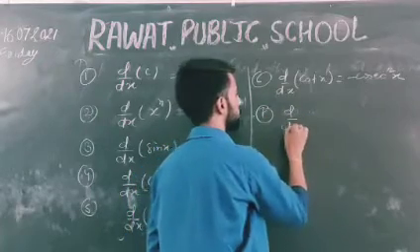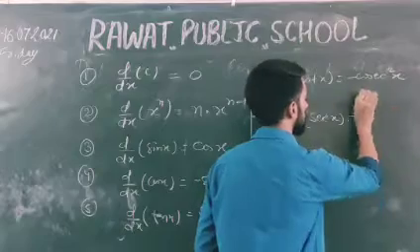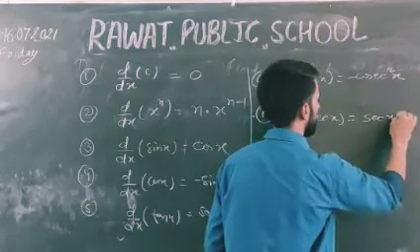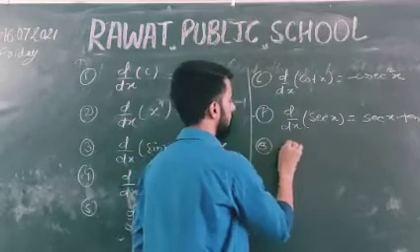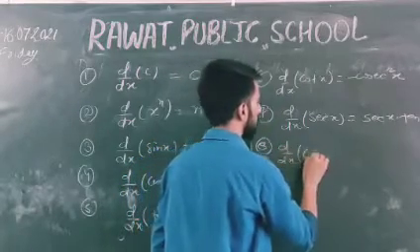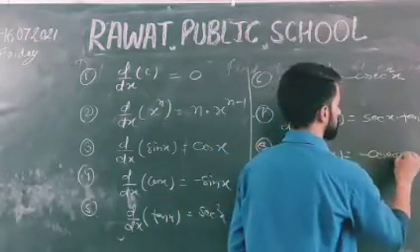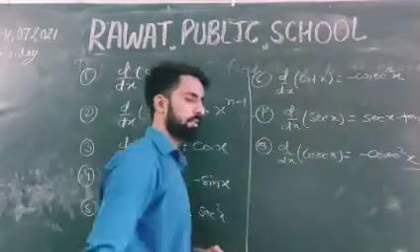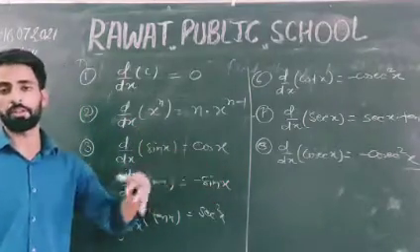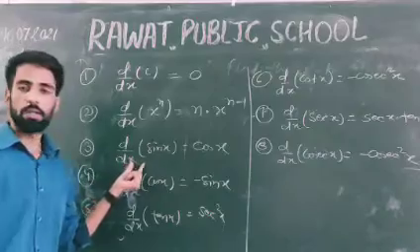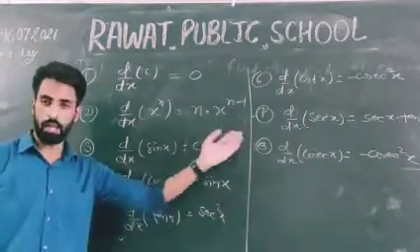The differentiation of sec x gives us sec x tan x, and the differentiation of the last trigonometric function, cosec x, is minus cosec x cot x. So these are the changes in trigonometric functions which we obtain after differentiating them with respect to x, right? So sin x is cos x and like this.